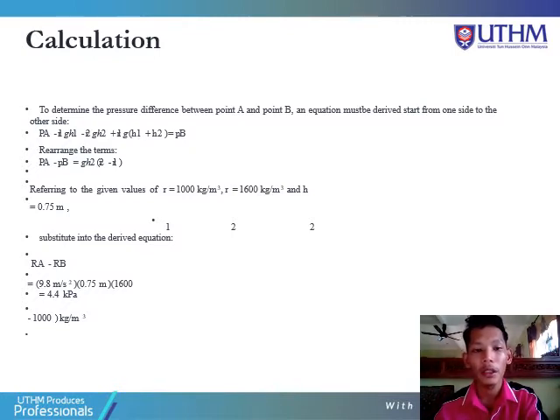Then we arrange the terms. It will be PA minus PB equal to rho g h2 (rho 2 minus rho 1). By referring to the values given, we substitute into the derived equation, and we get the answer equal to 4.4 kilopascal.